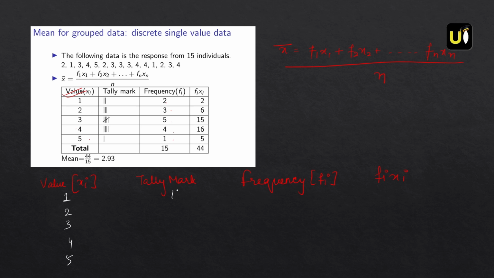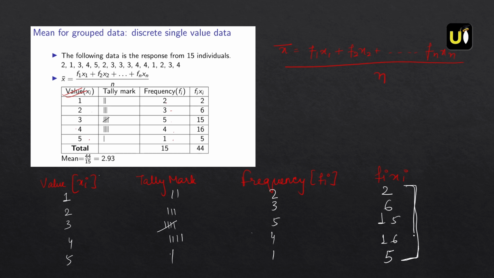So the frequencies are 2, 3, 5, 4, and 1. So this is xi and this is fi. So we will multiply both of them. 2 into 1 is 2, 3 into 2 is 6, 3 into 5 is 15, 4 into 4 is 16, and 1 into 5 is 5. So if we add all of them, we get 44.